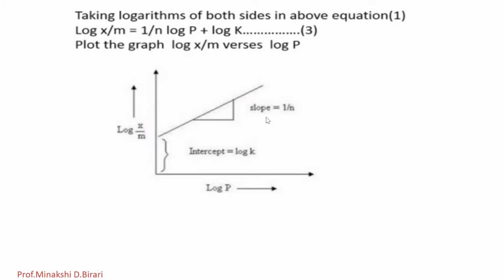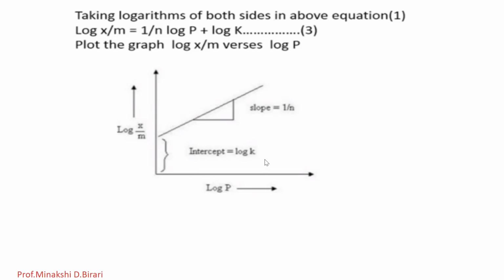Here the intercept of the line on the y-axis is the value of log k and the slope is equal to 1/n. The slope for this straight line is the value of 1/n and the intercept for this graph is equal to log k.